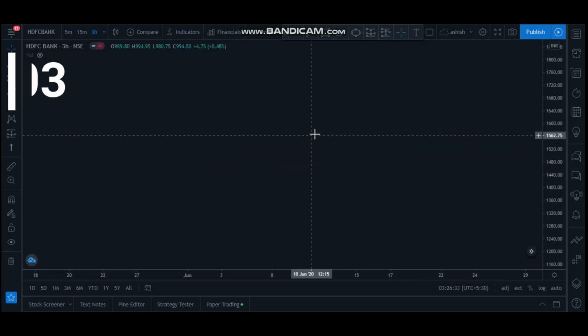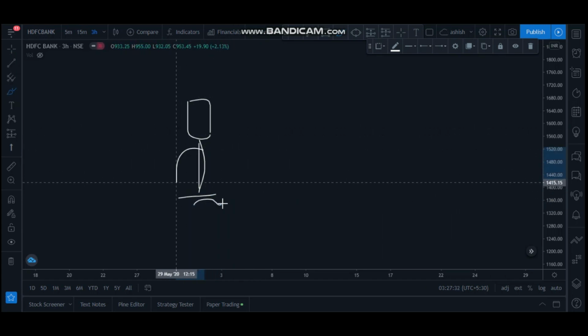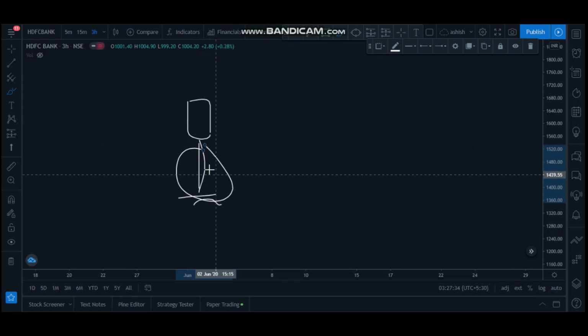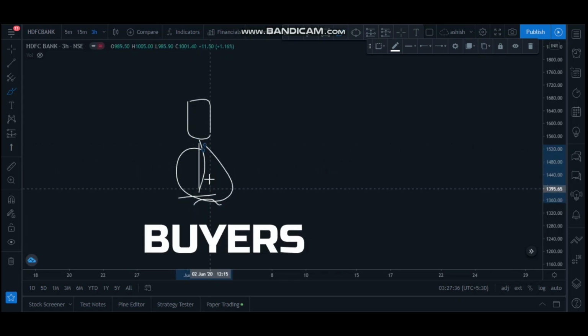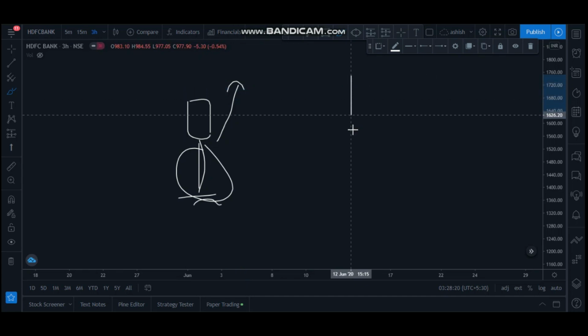The third tip is size and shape of the candles. This is a green candle and price went down to this area, but because of this long wick we can recognize that buyers are present in this area and they want to take the market higher. And if you find a selling opportunity, the candle should be like this.